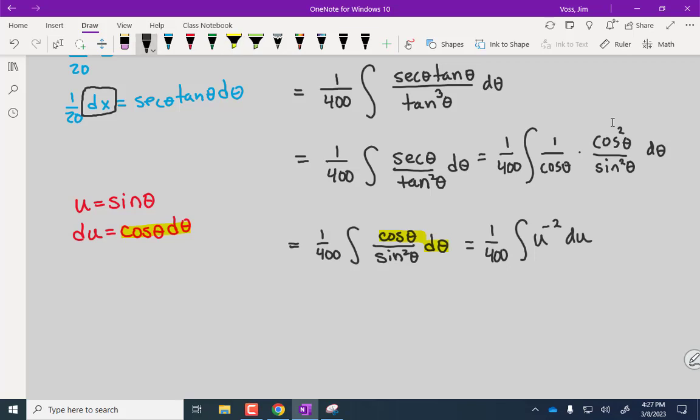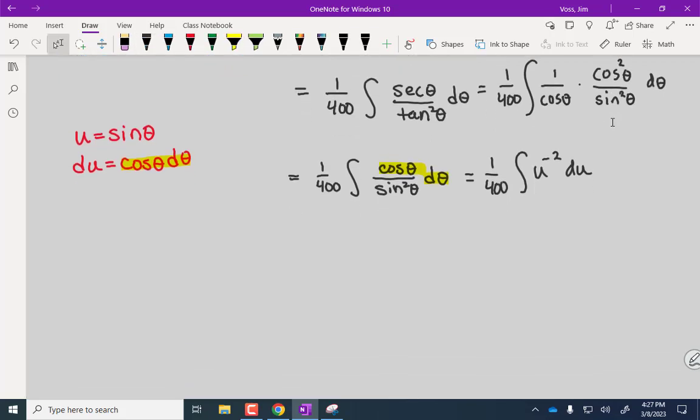That's a power. How do we integrate that? Power rule. Add 1, divide. So we're going to add 1 and divide by the new exponent. This was not a definite integral.